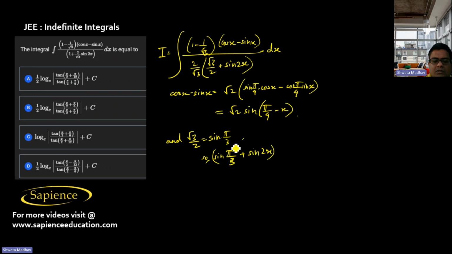So sine c plus sine d, as you know, that is equal to 2 sine c plus d by 2 into cos c minus d by 2.